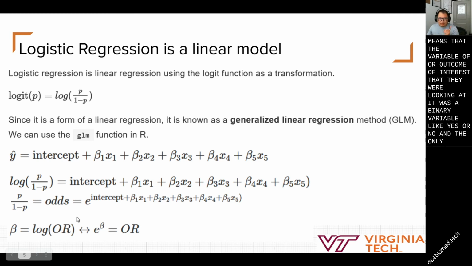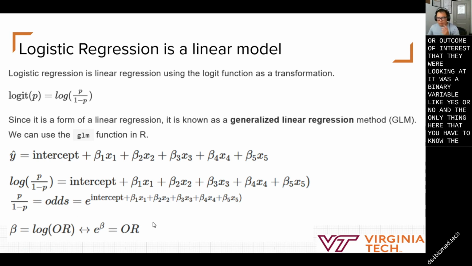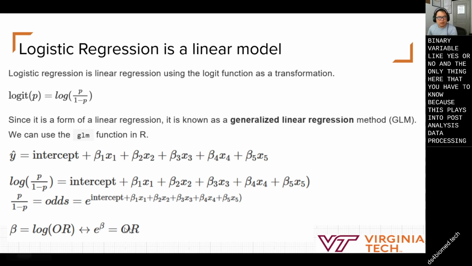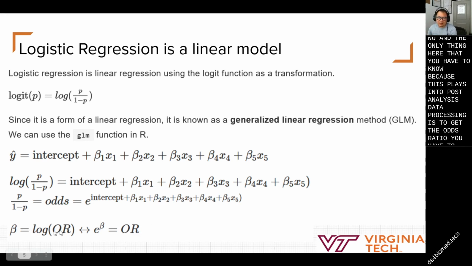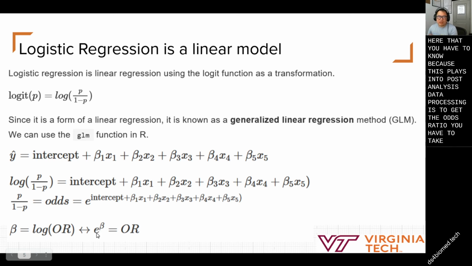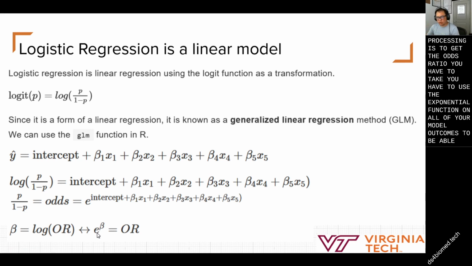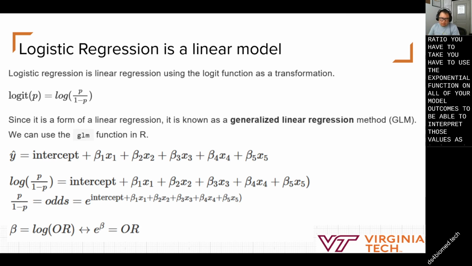And the only thing here that you have to know, because this plays into post-analysis data processing, is that to get the odds ratio, you have to use the exponentiate function on all of your model outcomes to be able to interpret those values as odds ratios.